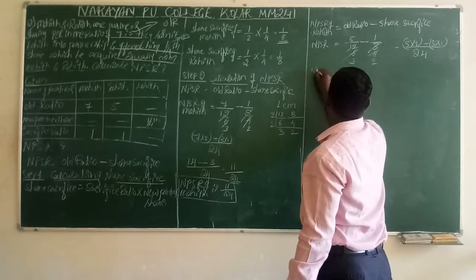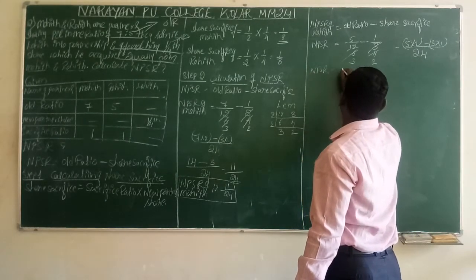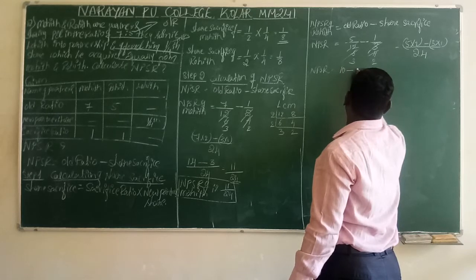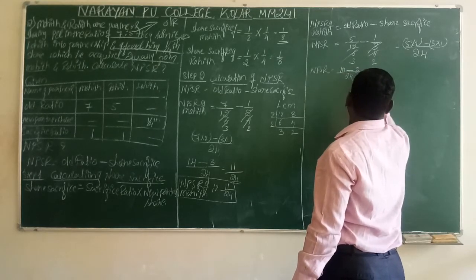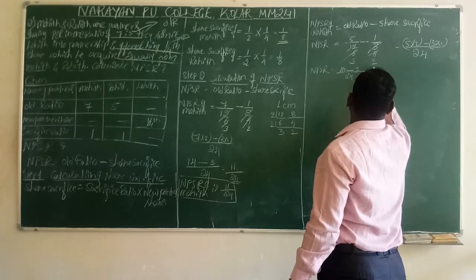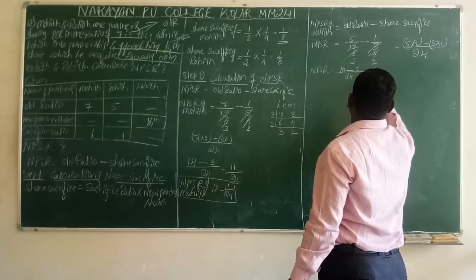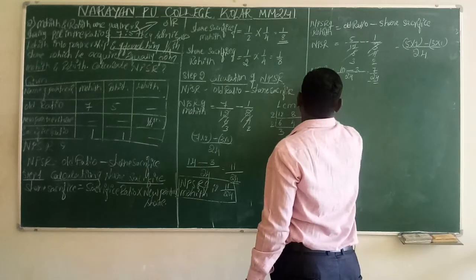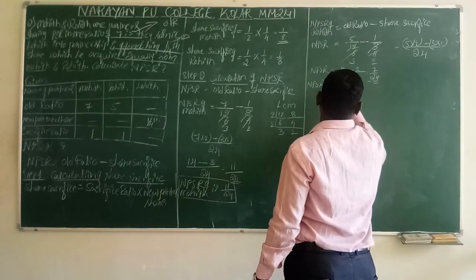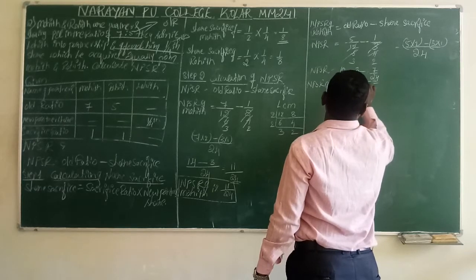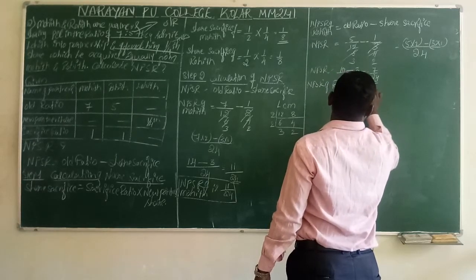Therefore NPSR is equal to 5 2s are 10 minus 3, divided by 24, that is 7 divided by 24. NPSR of Rohit is 7 by 24.